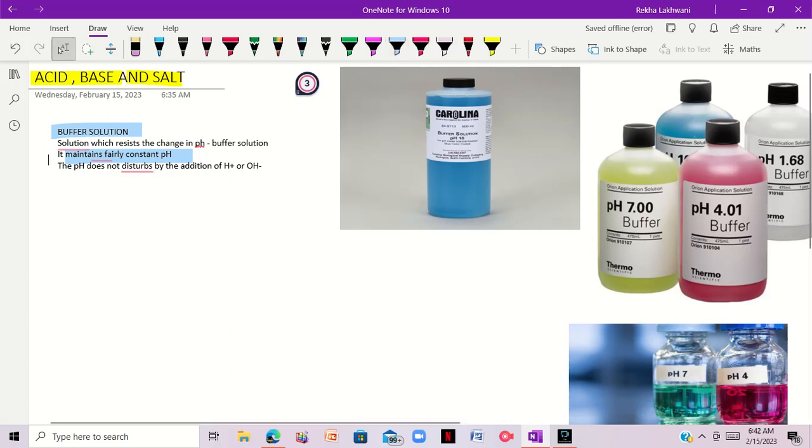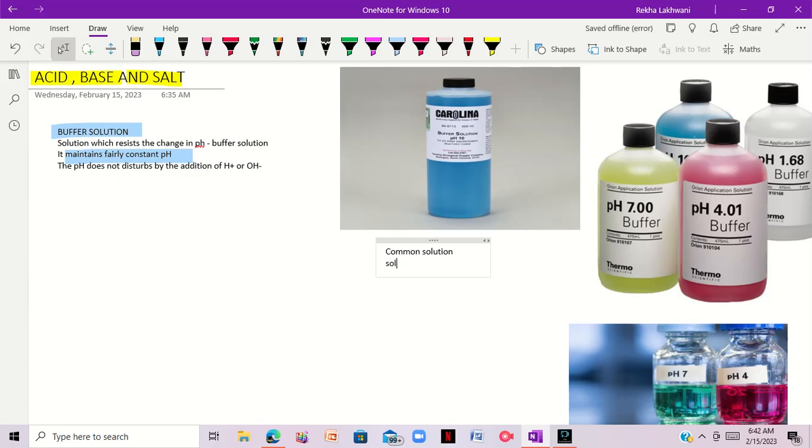So basically we have two types of solution: the first is buffer solution and the second is common solution. Let's talk about common solution first. Let me give you an overview. Common solution, right?